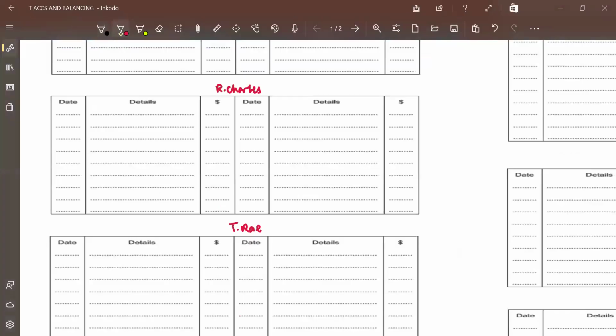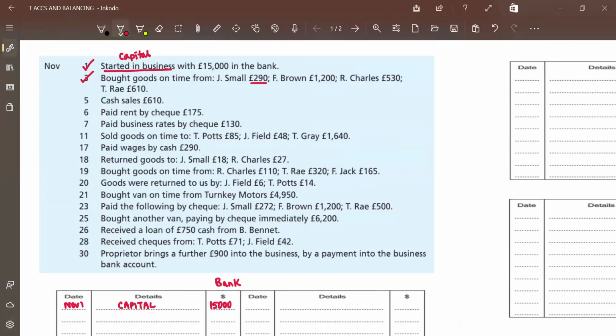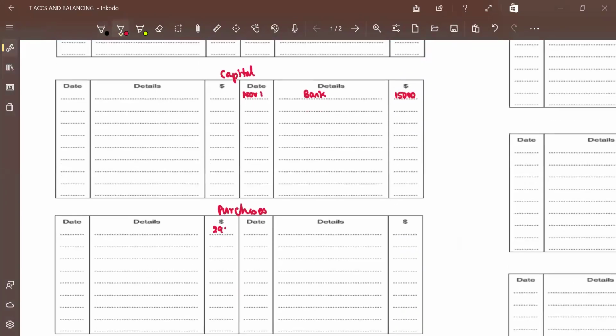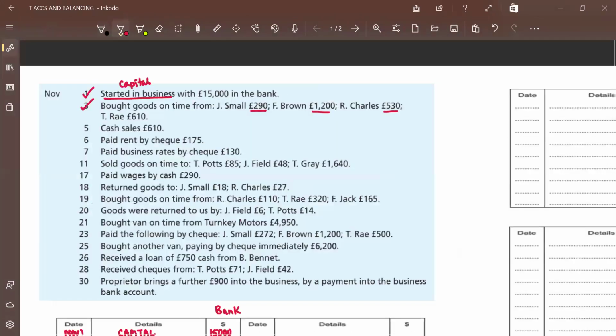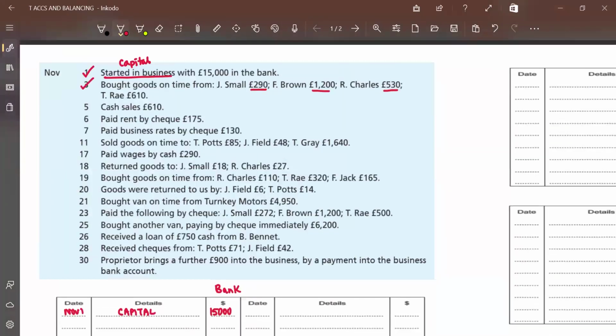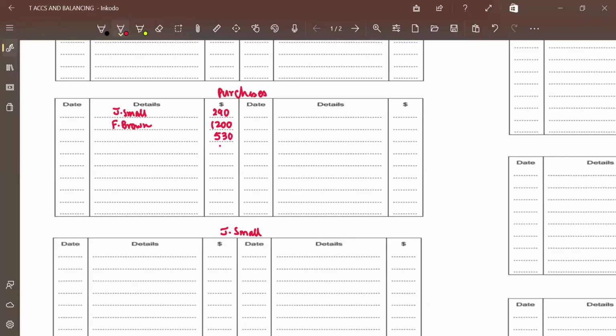Purchases are always debited. You should understand purchases are always debited because these are trading expenses. 290 from J Small, 1200 from F Brown, R Charles 530, T Ray 610.